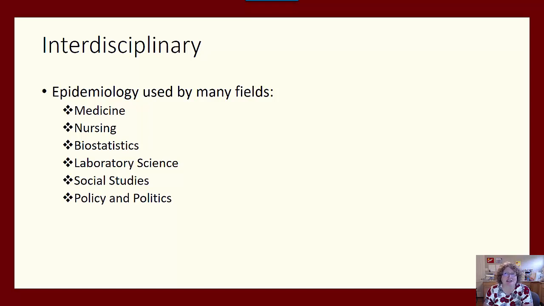Different policies have been developed based on epidemiology. Our practice of universal precautions came about because of the HIV epidemic and all of the information that we learned through epidemiological studies about HIV. Politics is also involved. They will take this information and make major decisions, policy decisions, and pass laws and regulations.